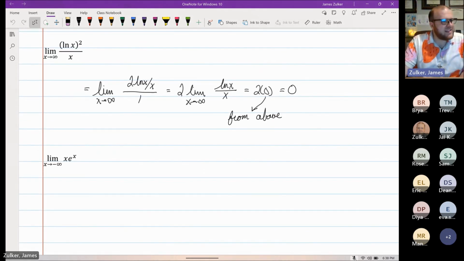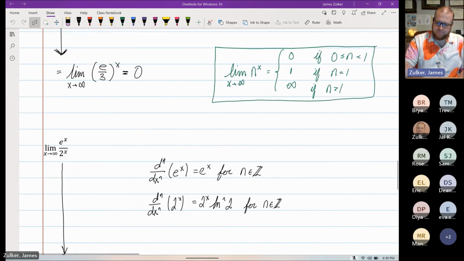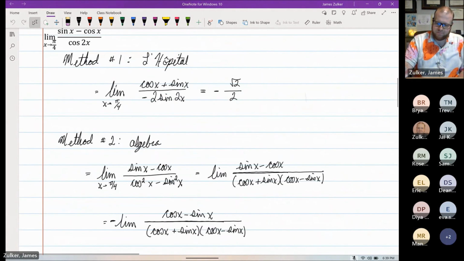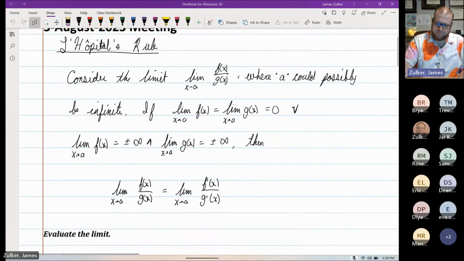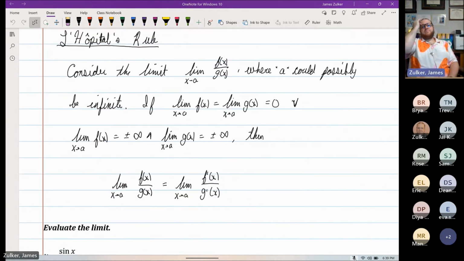All right, what about x approaching negative infinity of x times e to the x? Well, first off, this isn't even proper form, right? For L'Hopital, it has to be a function divided by a function, right?